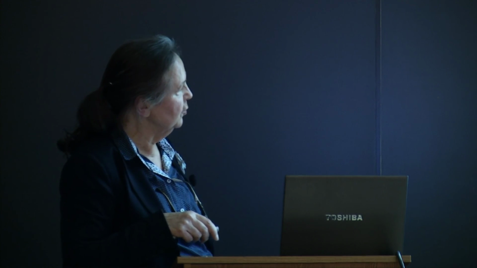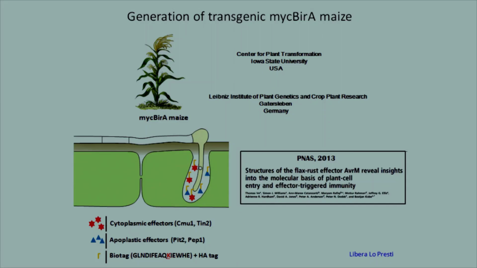Then we had to wait for more than a year and got our transgenic plants. We decided to try a number of effectors. So the two translocated effectors, CMU1 and TIN2, the two apoplastic effectors, and an effector from the flax rust fungus, which is translocated in that system, AVRM, to see whether the system would also work for a heterologous effector.